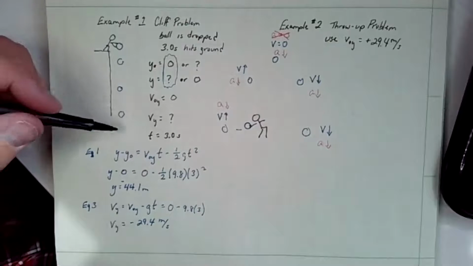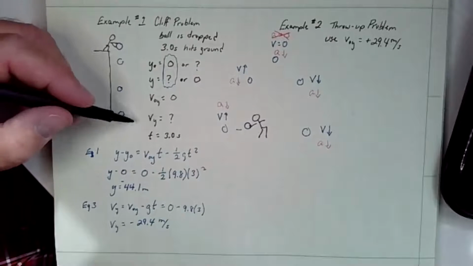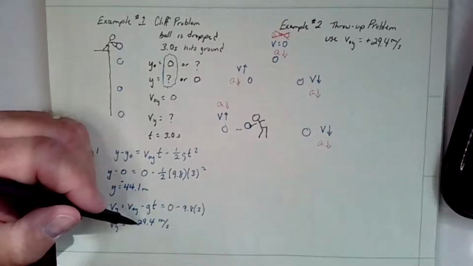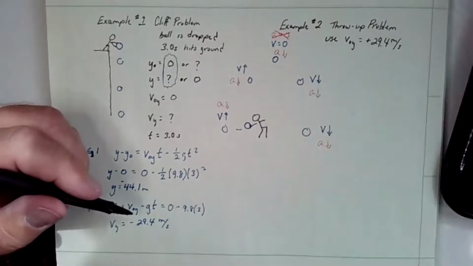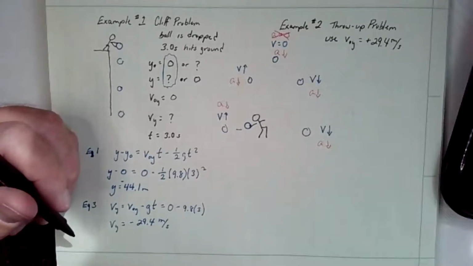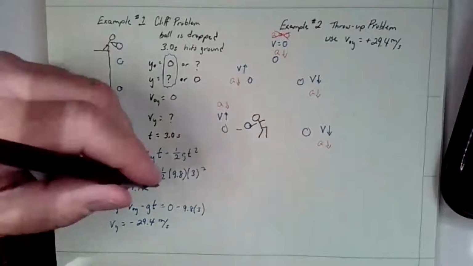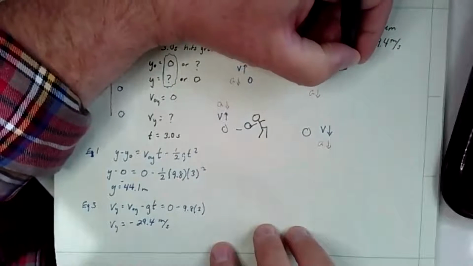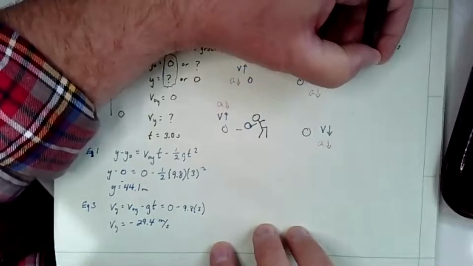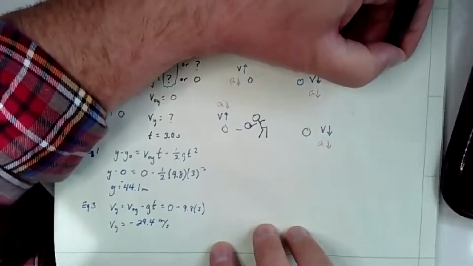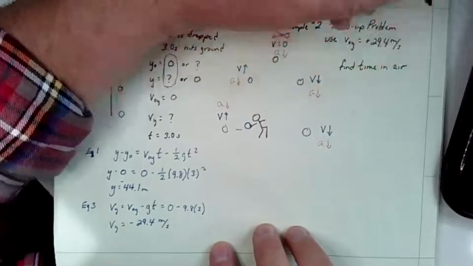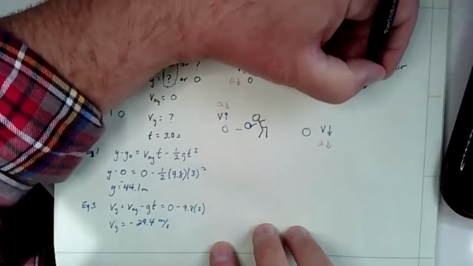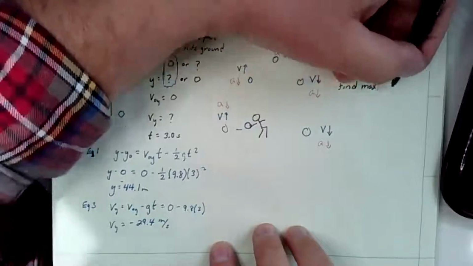So what if we had a perfectly elastic collision with the ground, and then it bounced off the ground at the same speed that it hit at? And what kinds of things are we looking for? We might find the time in air. We might find the maximum height.